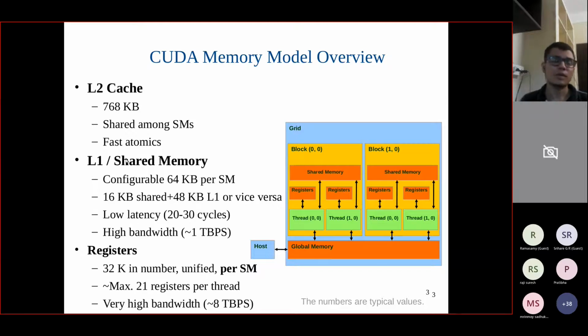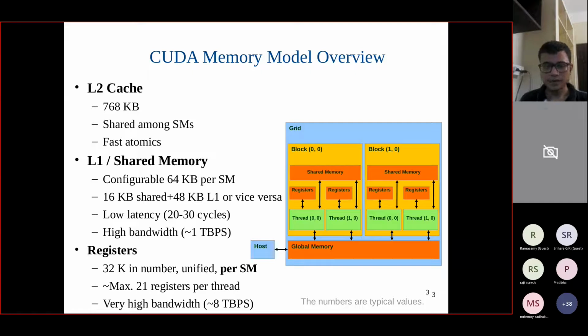You can specify that you want this variable to go into shared memory. For registers this is not true: you can't specify that a particular variable go into a register. It is completely dependent upon the compiler. As long as the compiler is able to allocate a register to a variable, it will do so; otherwise, it will spill to global memory.